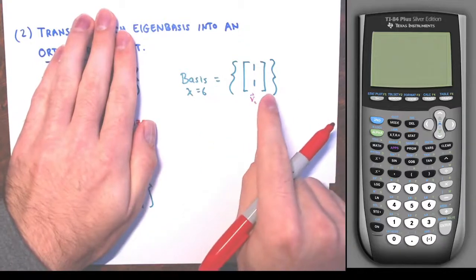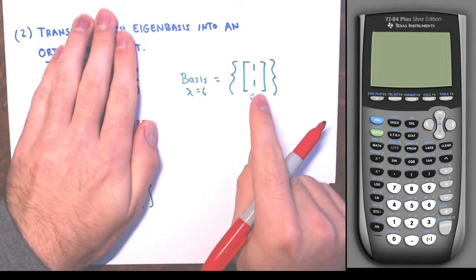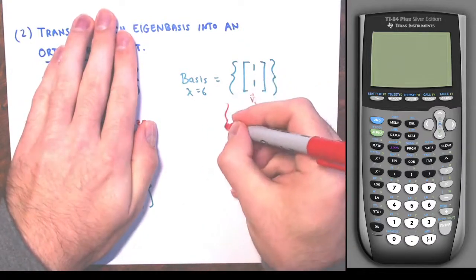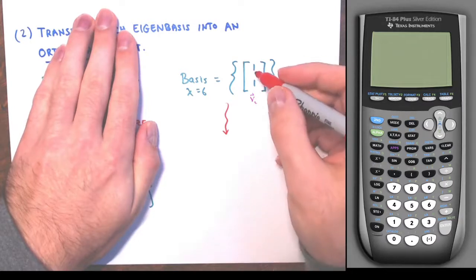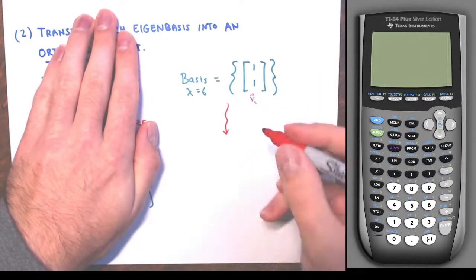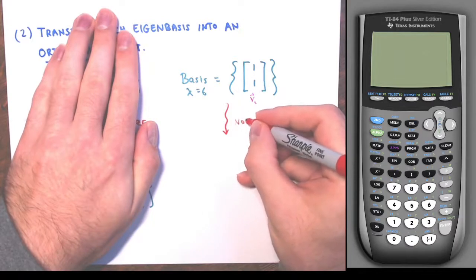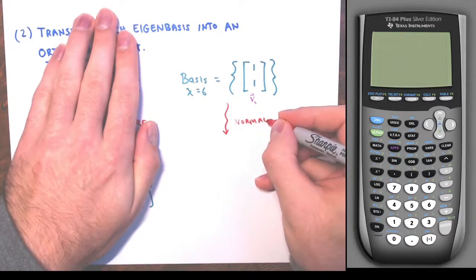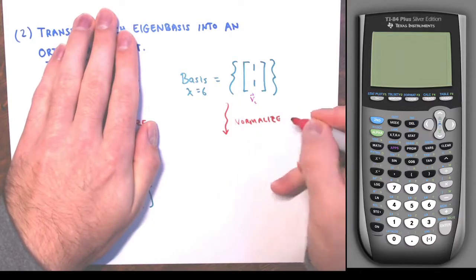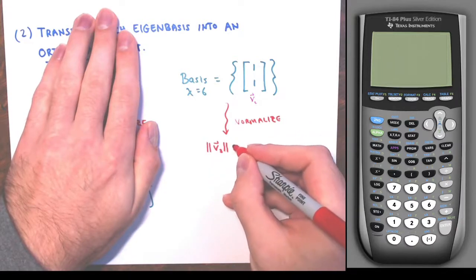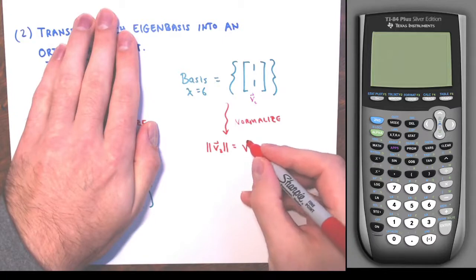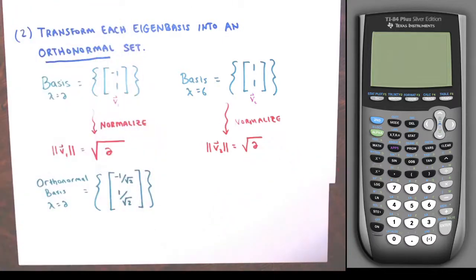I look at the basis for when lambda was equal to 6, and I do the same thing. Again, this only has a single vector in it, just the vector 1, 1. So there's no need for the Gram-Schmidt process. I just need to make sure that this is a unit vector. So I normalize this vector. What is the norm of vector 1, 1, that vector I called v2? That would also be the square root of 2.